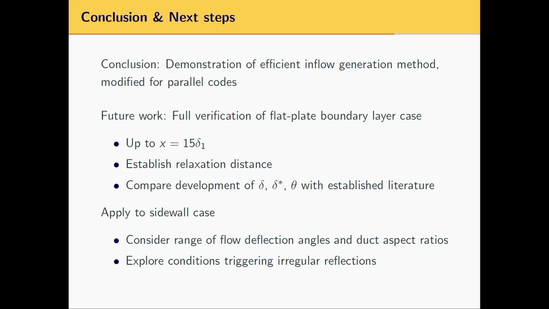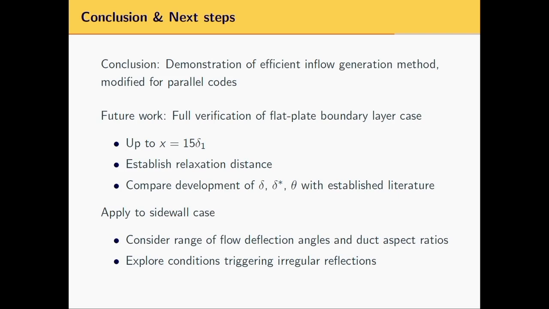What's next is to extend the grid up to around 15 boundary layer thicknesses. This will allow us to determine at what point it becomes a properly physical boundary layer, and the earliest point that we can start using it for interactions.